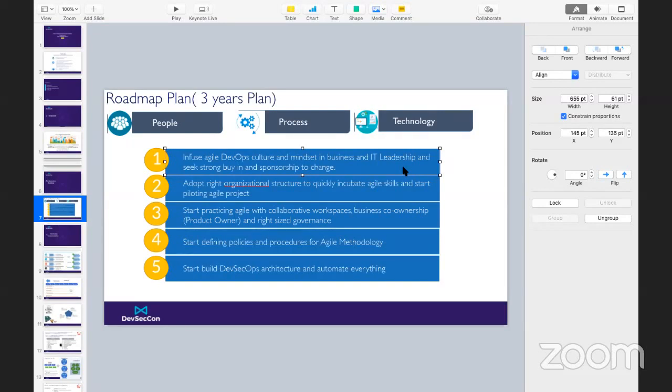So we need to define the policy and procedures for supporting our new way. And the last one, we start to build the DevSecOps architecture and automate everything. So we start from the management, and we build the environment first before we do the DevSecOps architecture and automate everything.